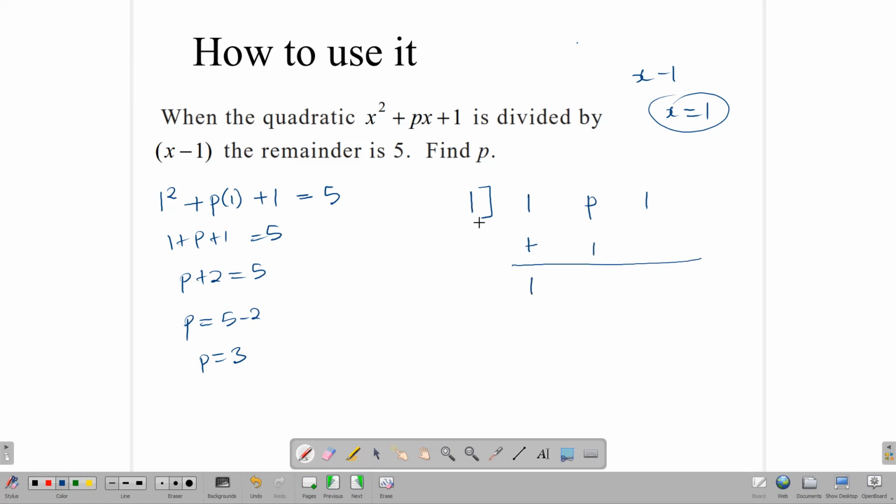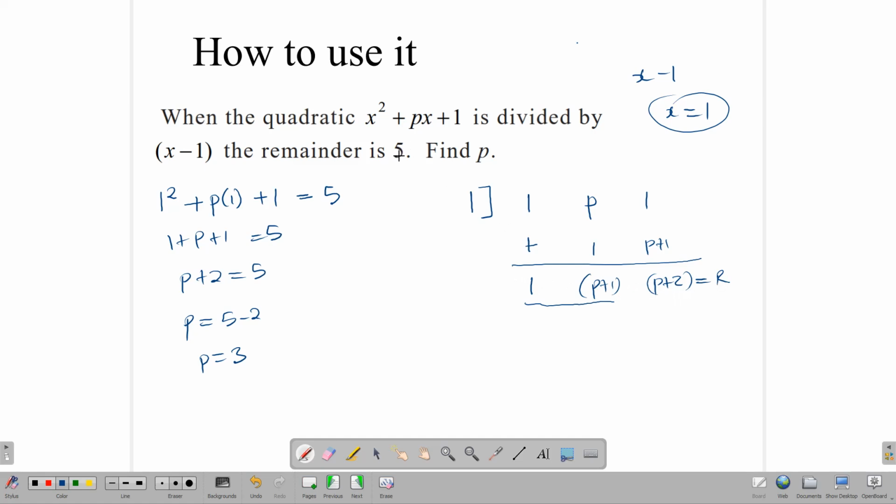So we have p plus 1, because we're adding here. And 1 times p plus 1 is p plus 1. And now we have p plus 1, which gives us p plus 2. And so our quotient would be here, and this would be our remainder.